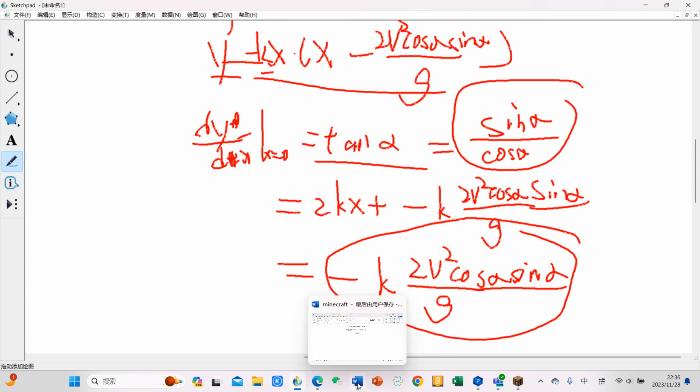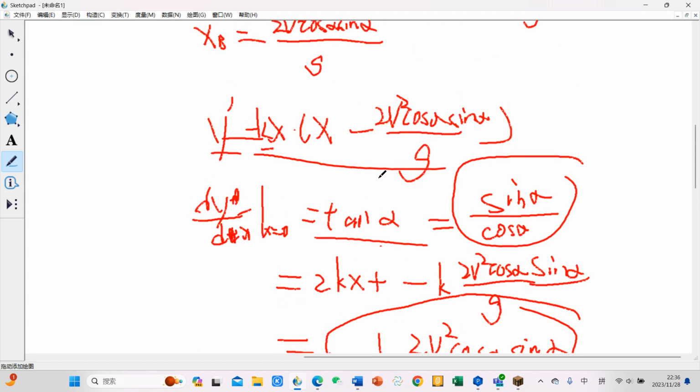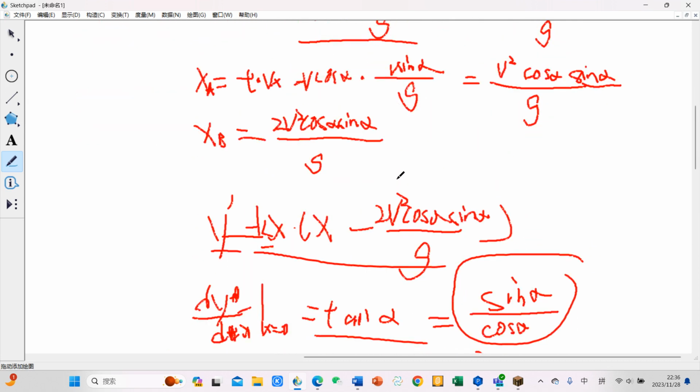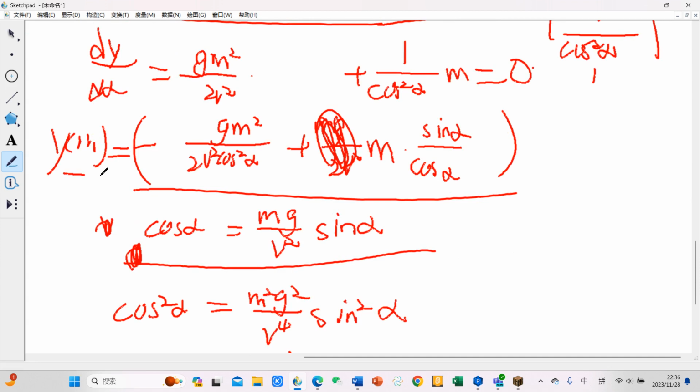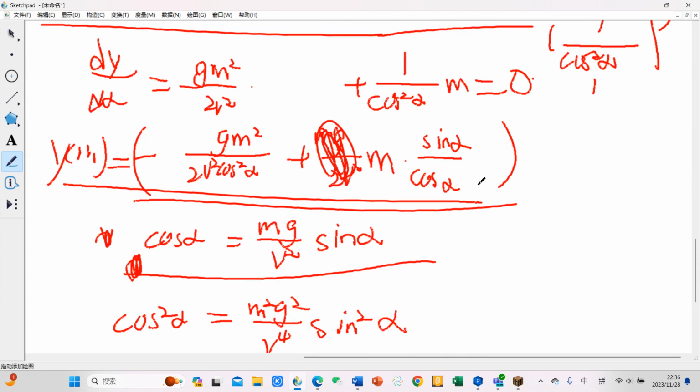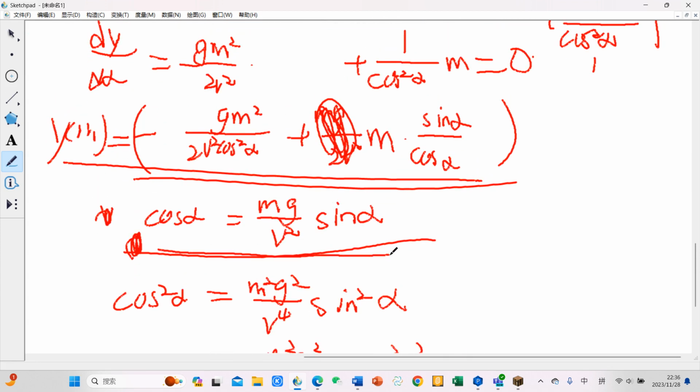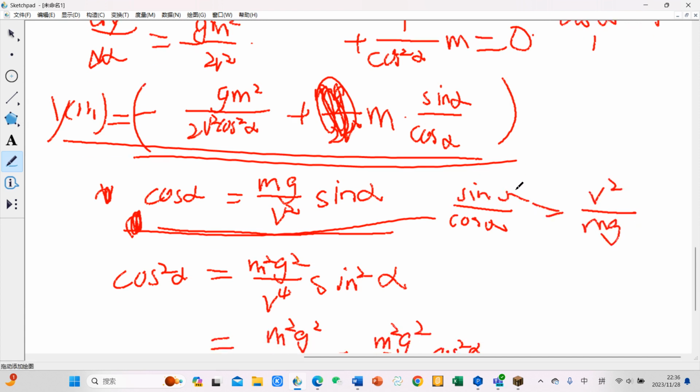So now, since we have this, and then we plug in what? Let's see. It's cosine, we can have what? Cosine alpha sine alpha is mgv squared, right?